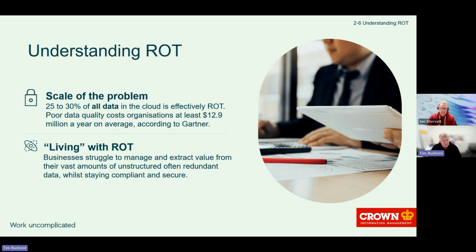Let's go back. Yeah, I mean, you've really highlighted the fact that this is a topic that touches everywhere, and I think we'll get onto why organizations, because of that, find it difficult to prioritize and do something about it. We've got some examples in a second, but let's just quickly touch on the scale. We've got on the slide here something like 30% of all data is effectively rot. We know from Gartner studies that something like $12.9 million a year for a typical organization is lost to poor data quality.